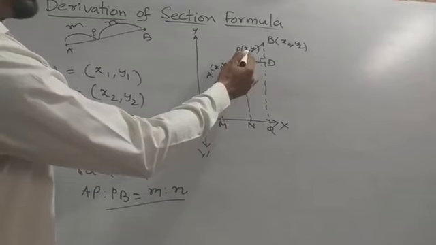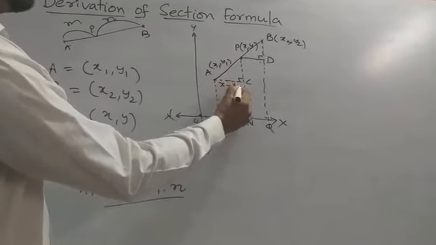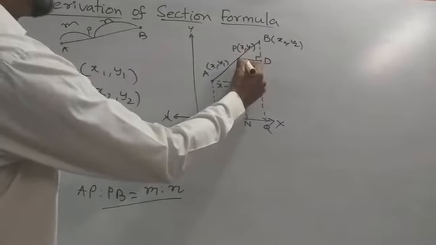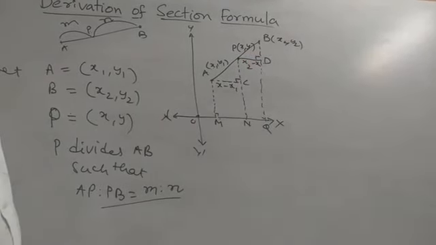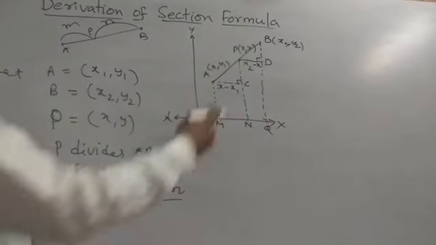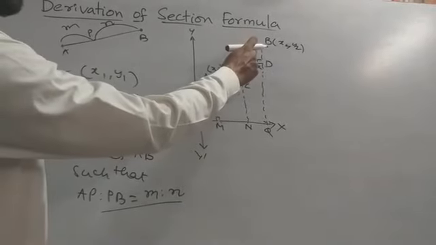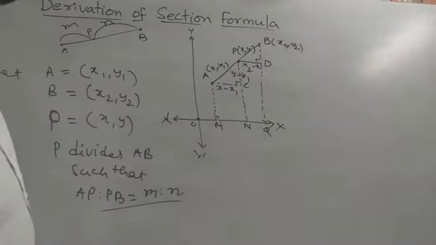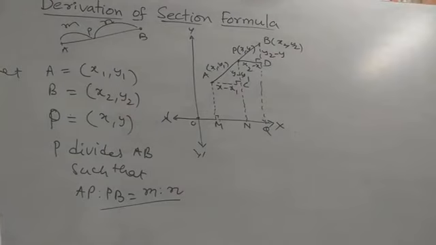Here the x coordinate is x and here it is x1, therefore this is x minus x1. Similarly, this is x2 minus x. And PC is the vertical distance, therefore the difference of y coordinates: y minus y1. Similarly, this is y2 minus y.